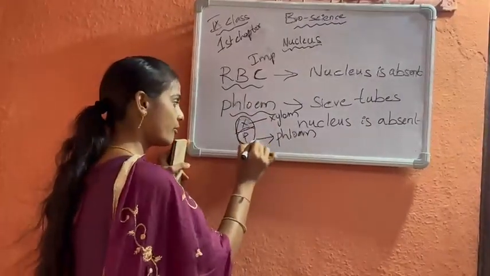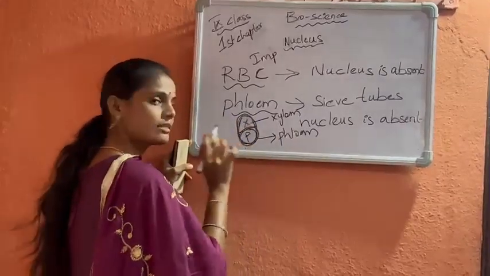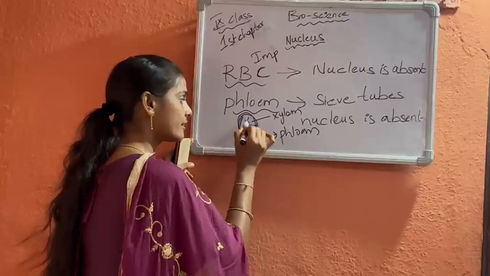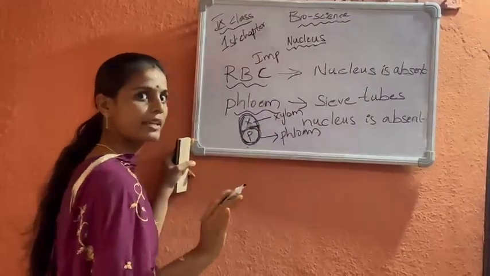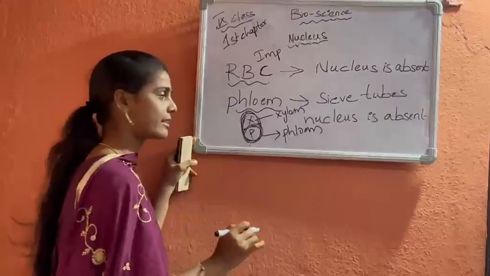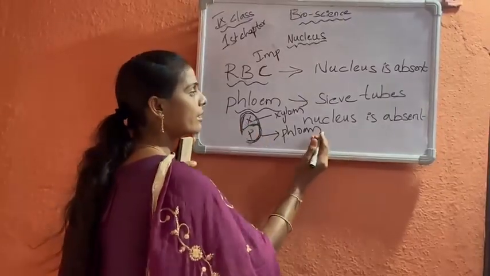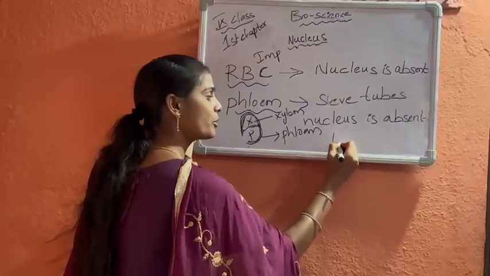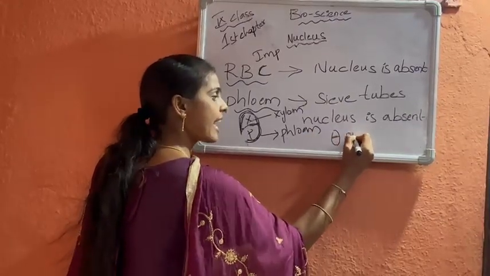Xylem and phloem together are called a vascular bundle. In plants, this phloem is present. In this phloem, sieve tubes are present, like these small tubes. In these tubes, nucleus is absent.